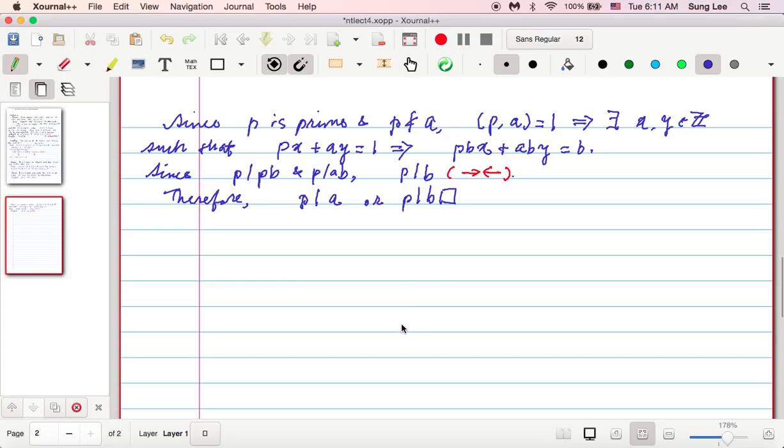But there's a way you can prove the statement directly, without going around by assuming the negation of the conclusion. So here's a second proof. This is a direct proof.